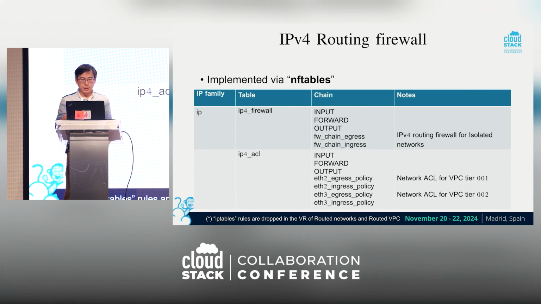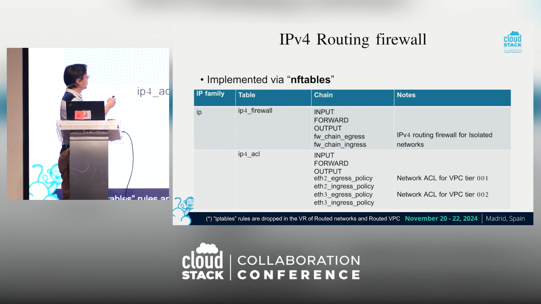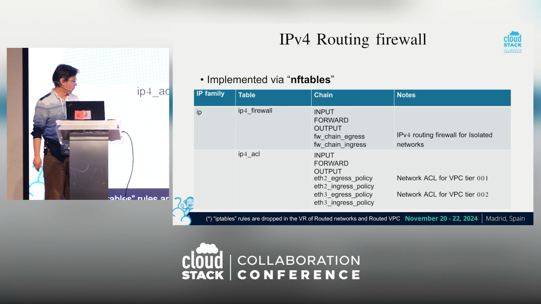Regarding the IPv4 routing firewall, we use NF tables. You know that for isolated networks and VPC, currently we use IP tables, and for the routed network we use NF tables instead. These are the tables and the chains we created in the VRs. So if you face some issues, you can look at the NF tables rules and probably get some clue.